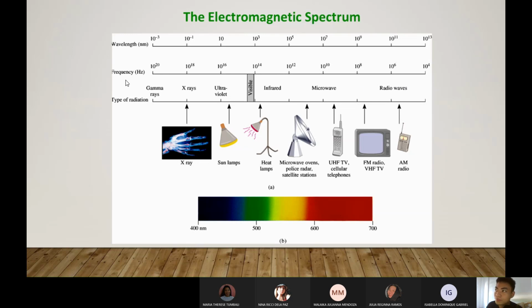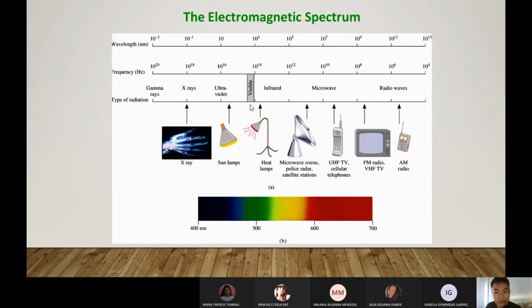Okay. So, ayan. So, light can exist in many forms, no? Kaya nga it is a spectrum, no? That's called an electromagnetic spectrum. Okay. So, it is an oscillation in energy, no? Sa paligid natin. And depending on the wavelength and the frequency of that, nagbabago yung types ng radiation natin. In spectroscopy, we are focused on the visible light now.